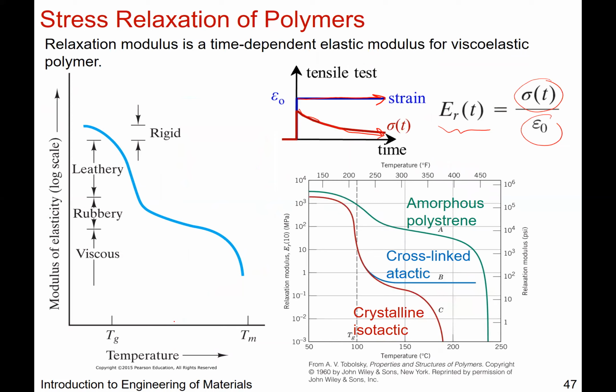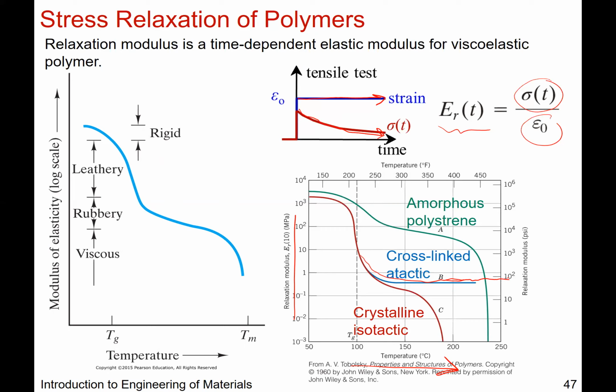Different polymers behave differently. If you have just amorphous polystyrene, it looks something like the green curve, where your relaxation modulus changes as a function of temperature. That's the x-axis here. If you have cross-linked atactic material, it never really crystallizes, and so the relaxation modulus just plateaus out.